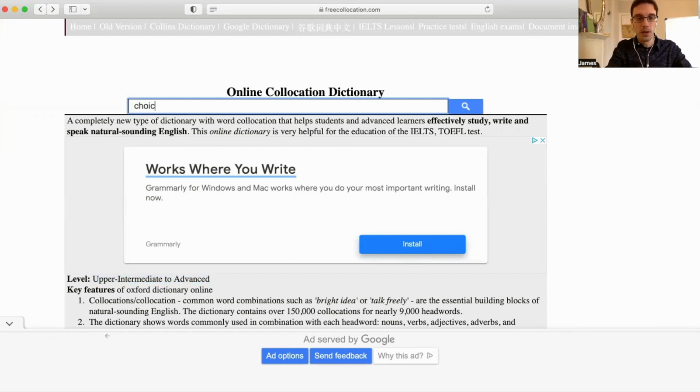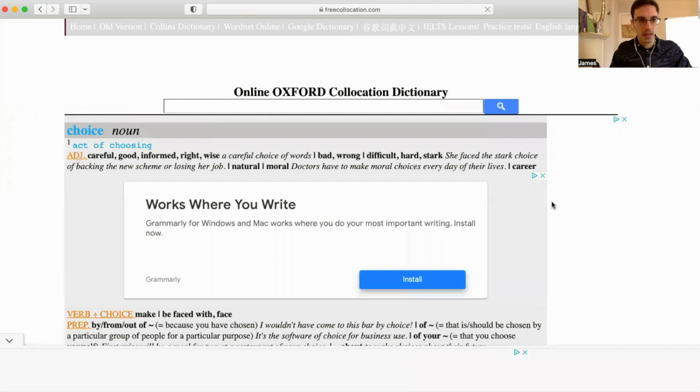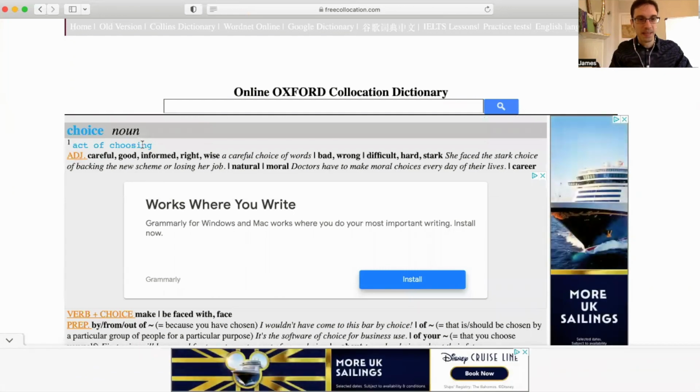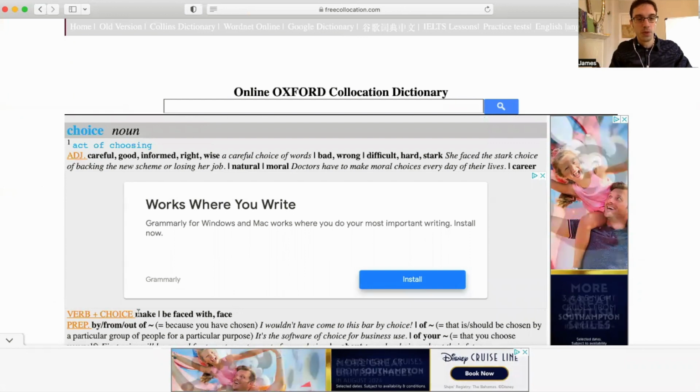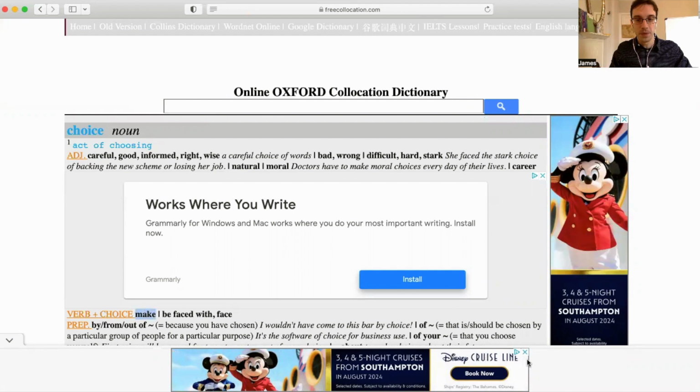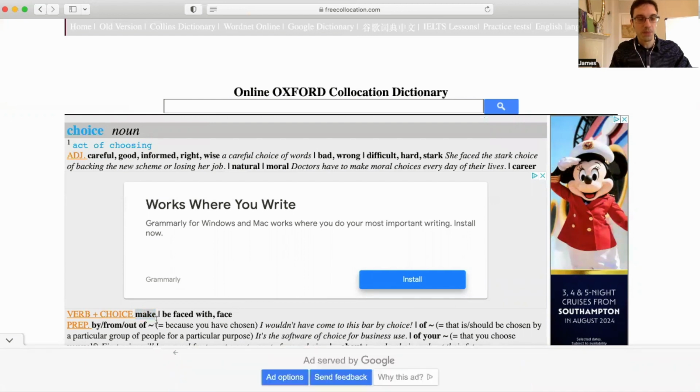Let's put in the word choice and look for that. And then here, as we see, it gives a definition, but then it also gives its collocates. So, for example, the verb that you use with choice is make, okay? You make a choice.